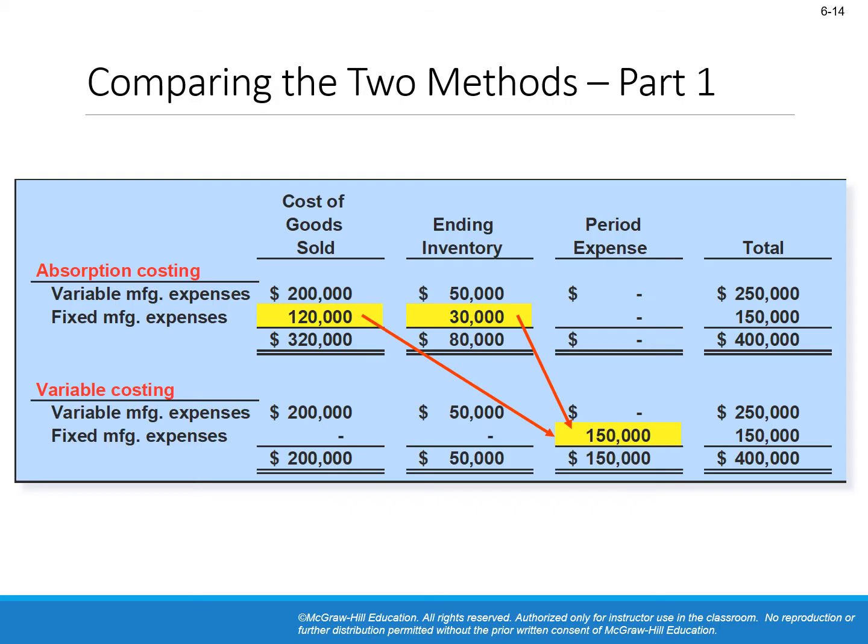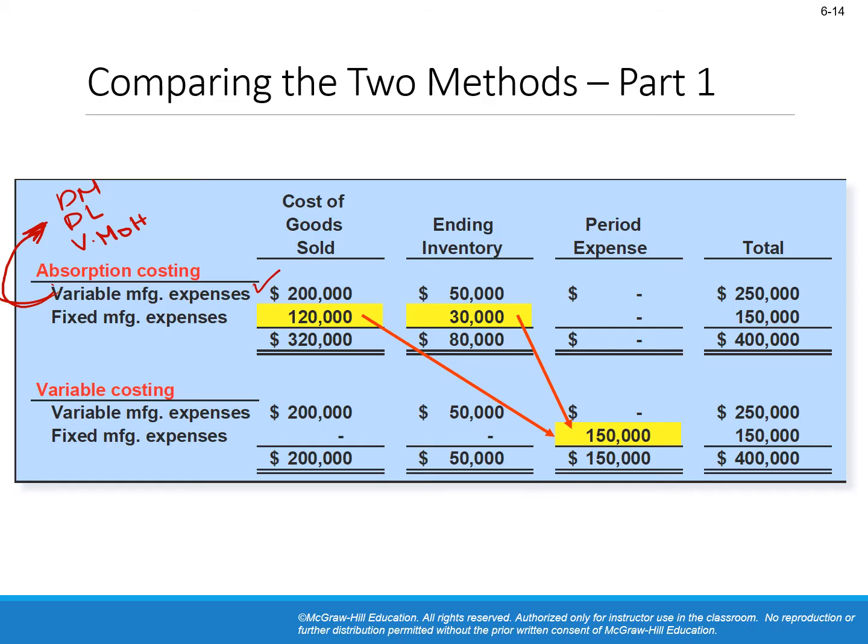So they are telling us that the cost of goods sold under absorption costing includes the variable manufacturing expenses, which are the DM, the DL, and variable manufacturing overhead, right?